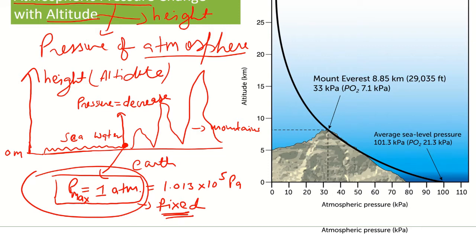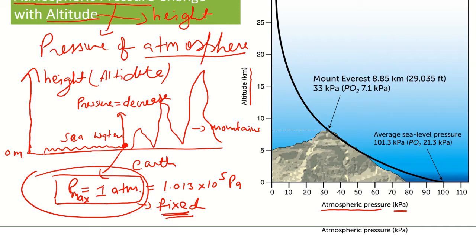So now here I have one graph, and on the x-axis of the graph we are taking the atmospheric pressure, and the unit of the pressure here is kilopascal, and this is the altitude. This altitude means we are going above the sea level.